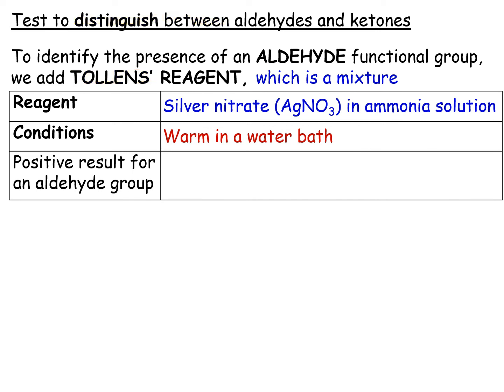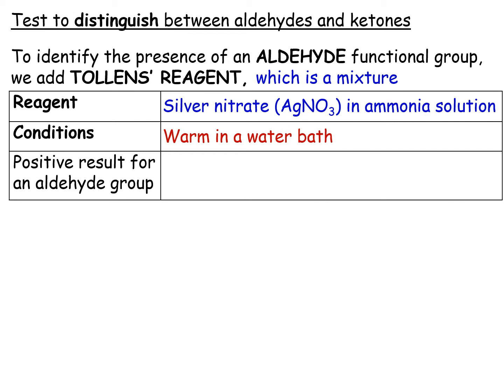So hopefully you remembered that an aldehyde can be oxidized where a ketone can't. Previously we've seen oxidation of aldehyde using potassium dichromate with conc H2SO4. Now that was quite a powerful oxidizing agent. What we have here is quite a mild oxidizing agent, silver nitrate in ammonia solution. So it will oxidize the aldehyde.